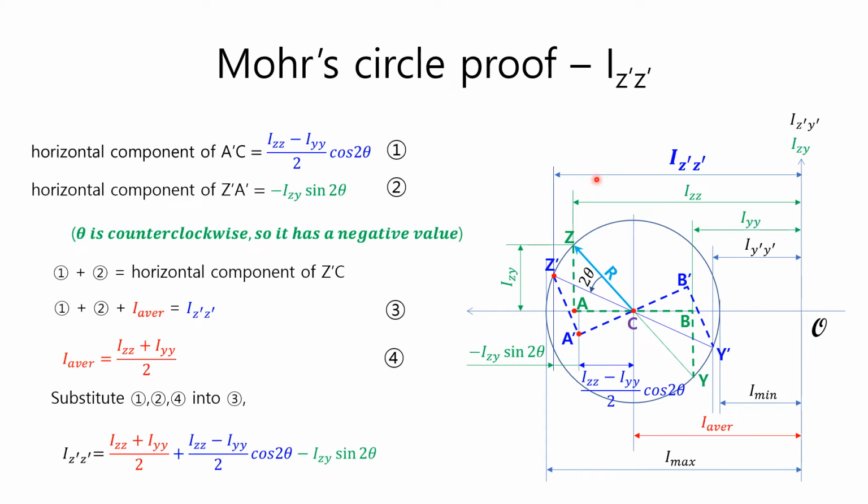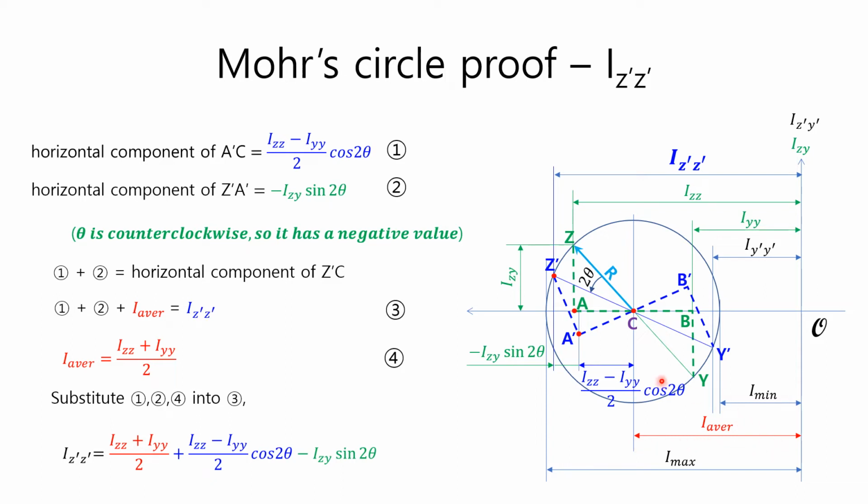Using the geometric properties of the Mohr circle, let's derive the equation for the second moment of area, Iz prime, of the rotated coordinate axis. Iz prime, which we want to find, is the value obtained by adding the horizontal component of Z prime C to the I average.